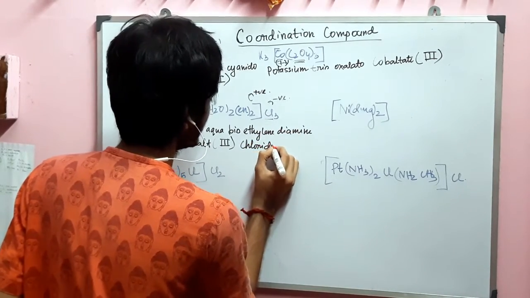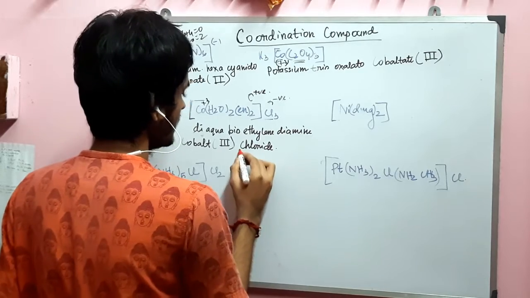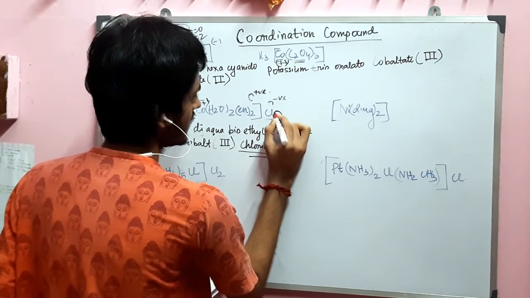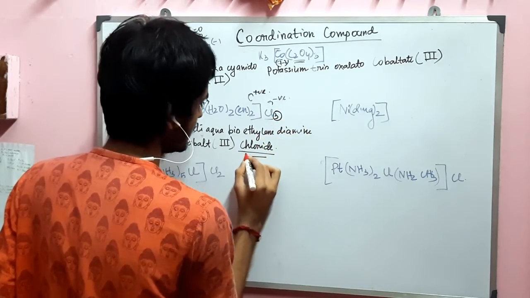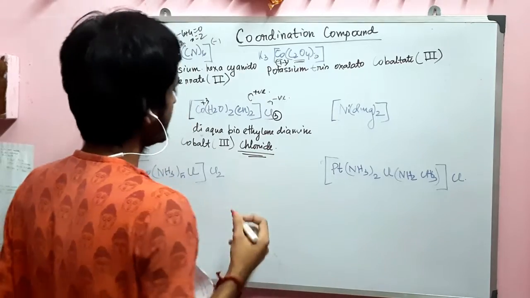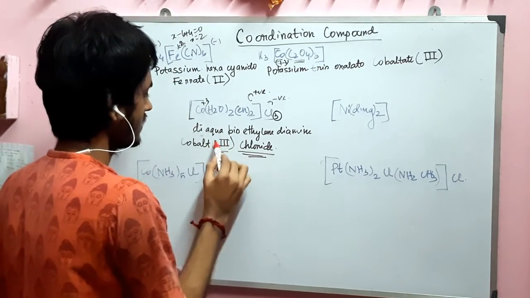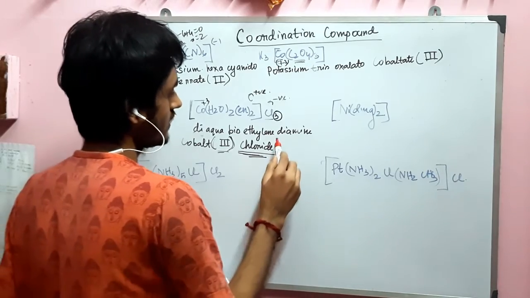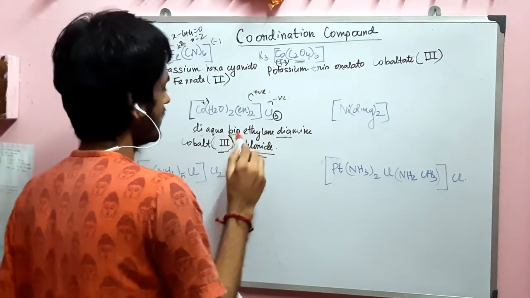The interesting thing I told is that for chloride the number of anions is not mentioned. This 3 is not mentioned. We have to calculate ourselves how many chlorides are there by using this oxidation state. Only write chloride, and in case of ligands write the number.